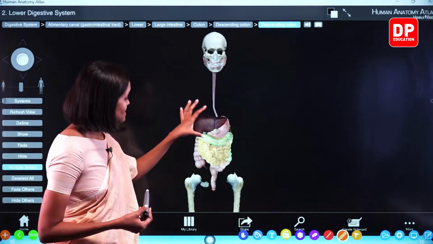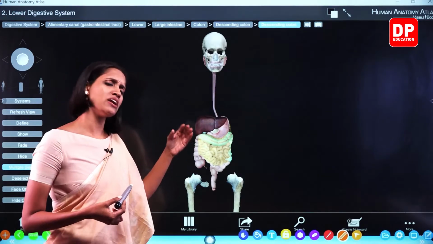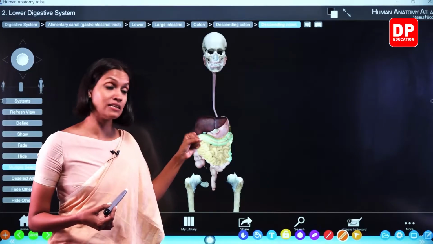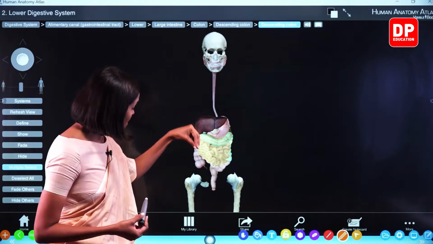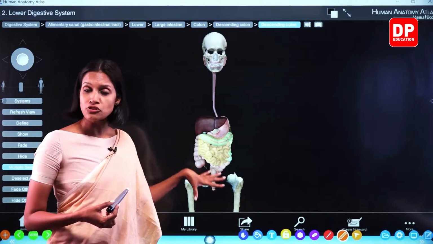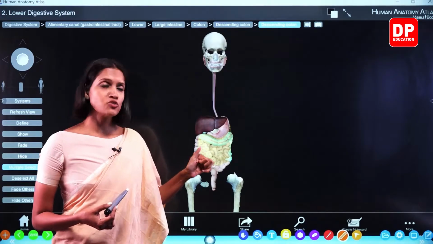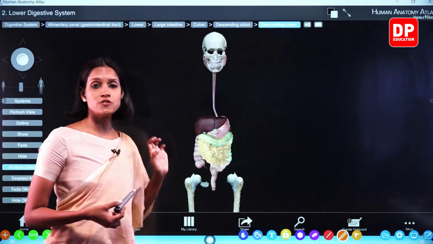So in the large intestine, what happens, children? About 90% of the water present in the food is absorbed by the large intestine. Therefore, the feces that we send out of the body is a solid mixture. Right, children? So I hope you understood this 3D structure of the digestive system.